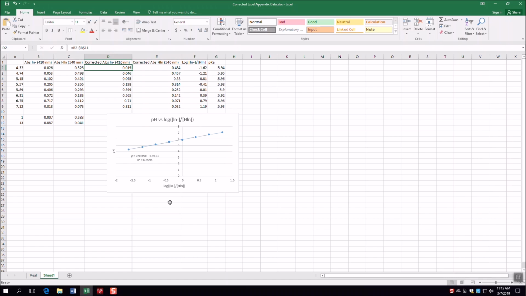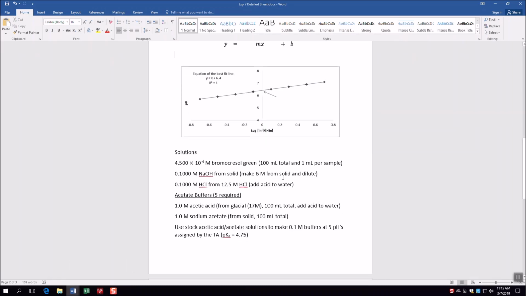You can theoretically set up your calculations to make all of your solutions that Colin covered earlier. You could set that up ahead of time, and you could even set up your Excel sheet to be prepared to solve for the volumes of your sodium acetate and acetic acid solutions to make your buffer solutions as soon as your TA gives you the pHs.